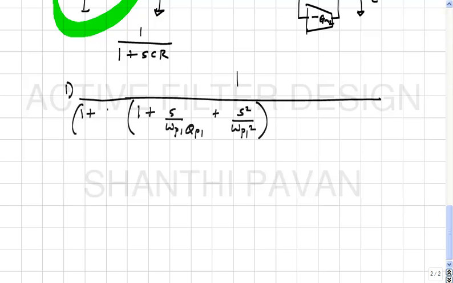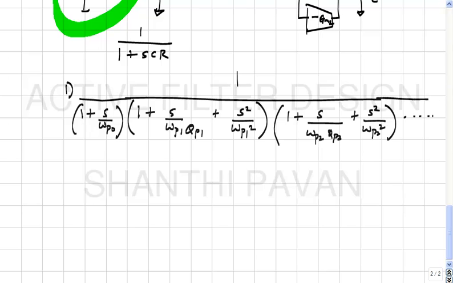The first order section, if there is one, will be of this form, times 1 plus S by omega P2 QP2 plus S square by omega P2 square, and so on. You understand? So the questions that arise in the cascade of biquads implementation is, one, what all can you think of?